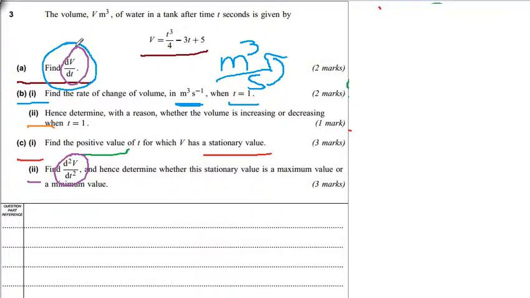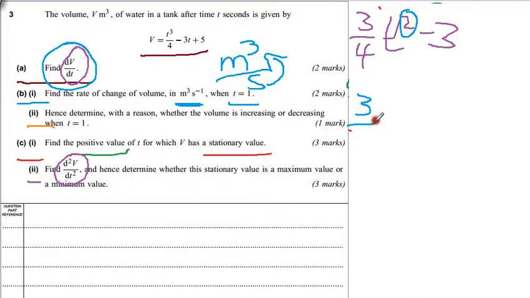So you get 3/4 t squared minus 3, and you take the power, squared, times that by 3/4, which gives you 6/4, which you know is 3/2, 1.5. So 3/2 t, 2 take away 1 is 1, so you don't really have to put the 1 there. And then this minus 3 gets times by 0, so it's nothing.